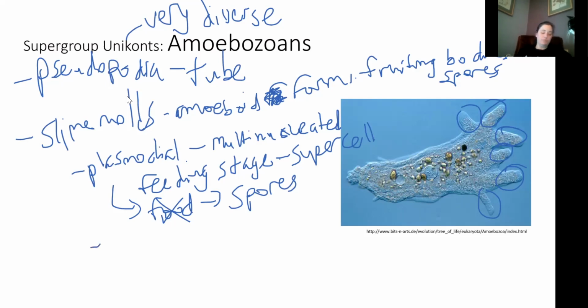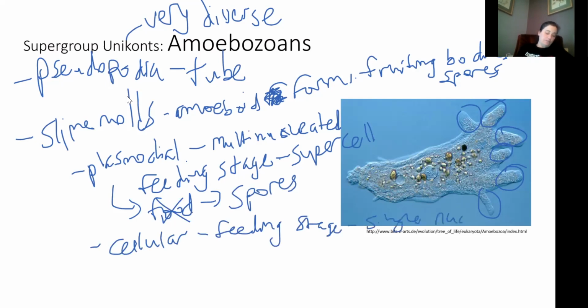The other group of slime molds are the cellular slime molds, which are not quite as fun. Their feeding stage has only one nucleus. It's a single nucleated cell. But when food is running out, they will actually group together.